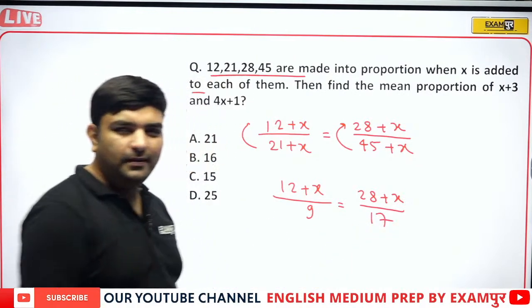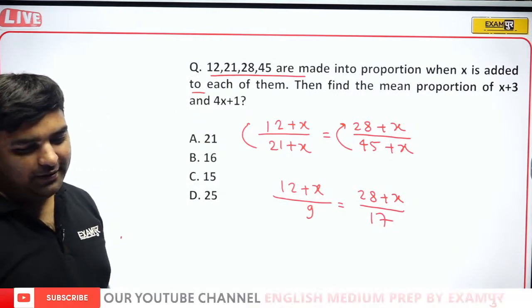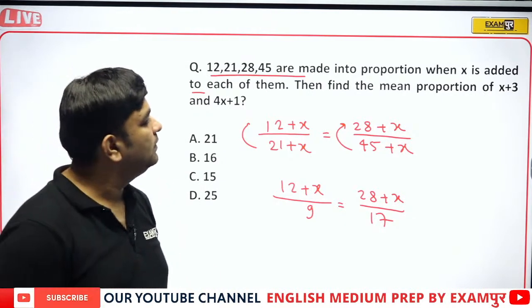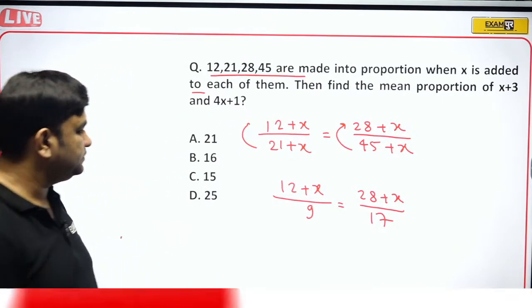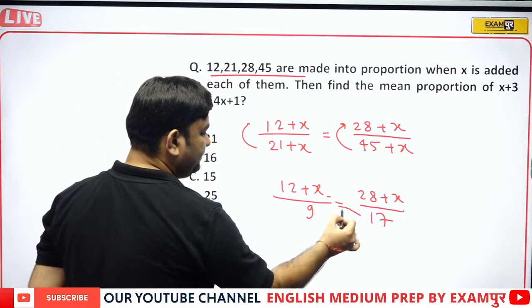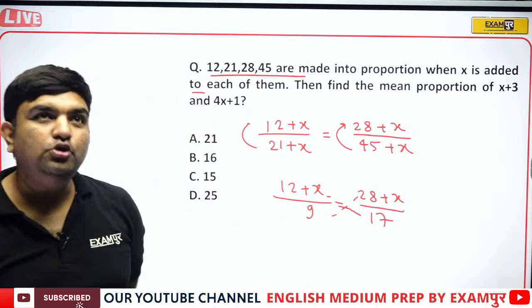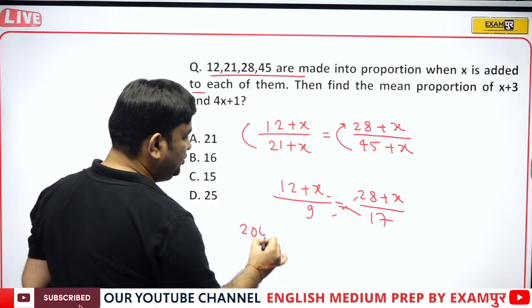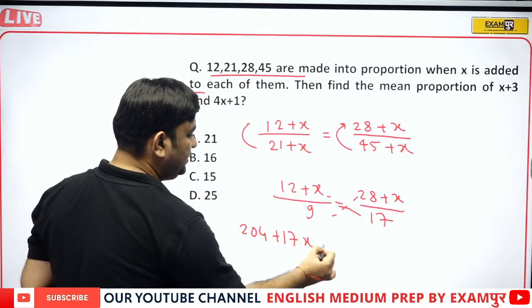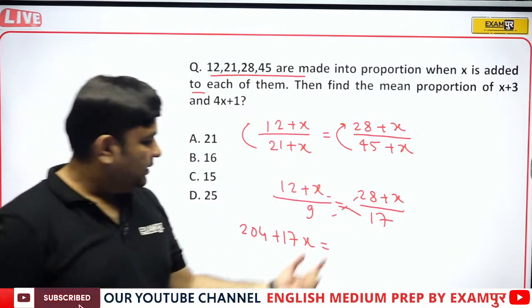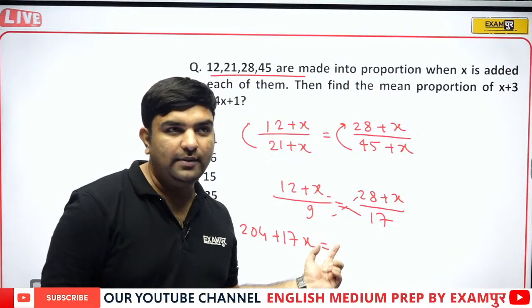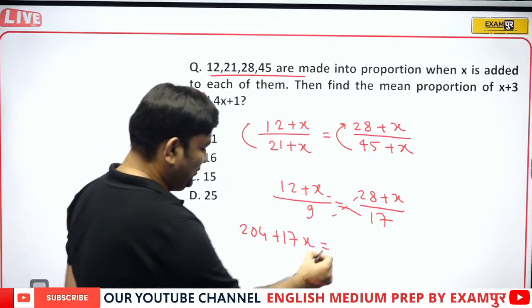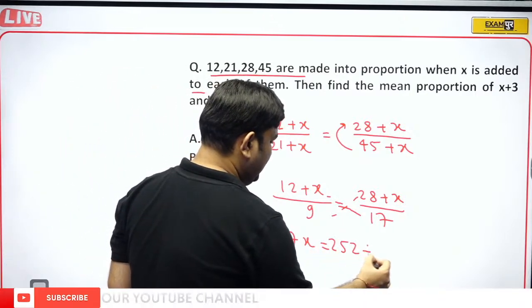Again a bit of multiplication. Cross multiplied: 17 into 12 is 204, so 204 plus 17x is equal to 9 into 28, which is 252, plus 9x.